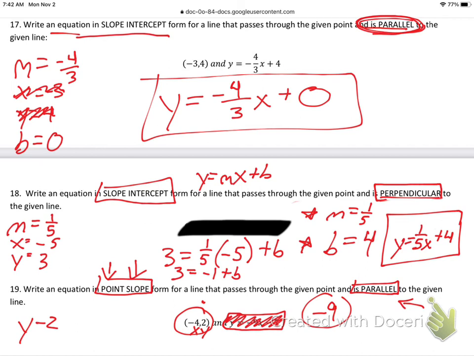So y minus 2 is equal to, our slope stays the same, -9. And then x, and then the opposite of x would be a positive 4. And that's your equation. That's your final answer.